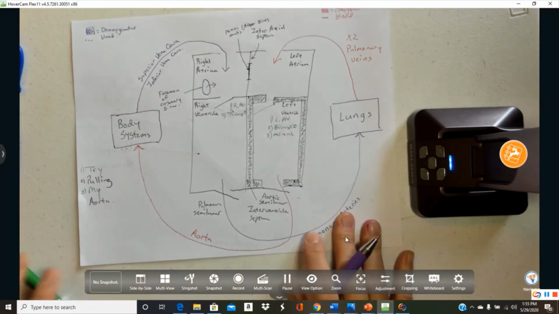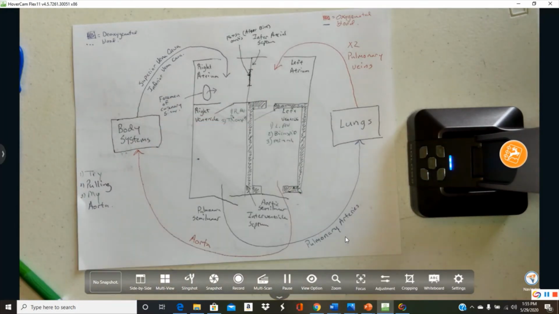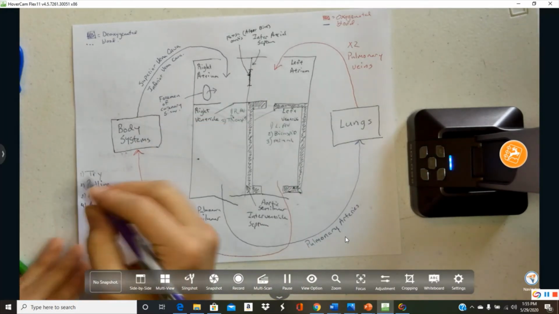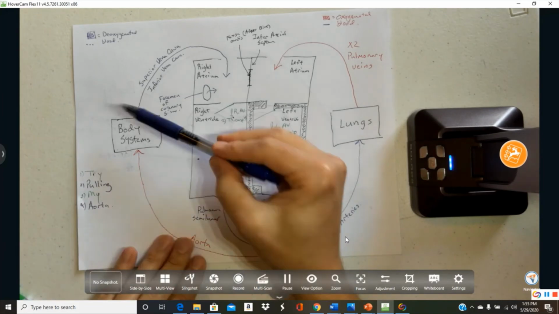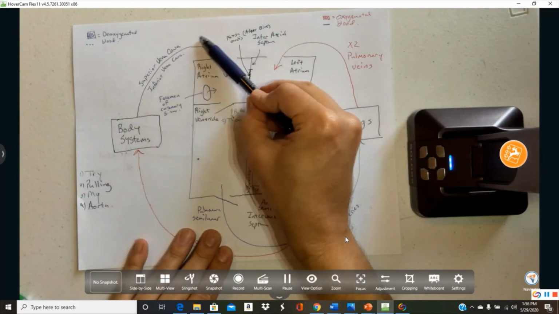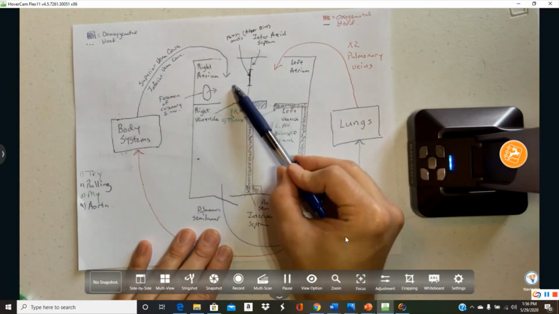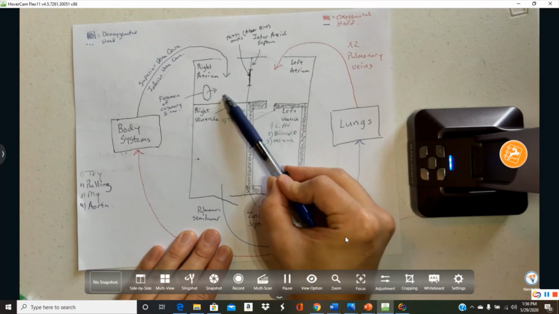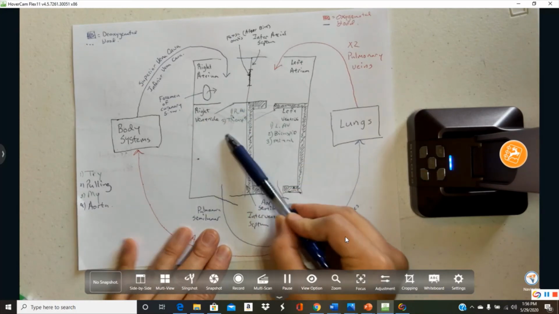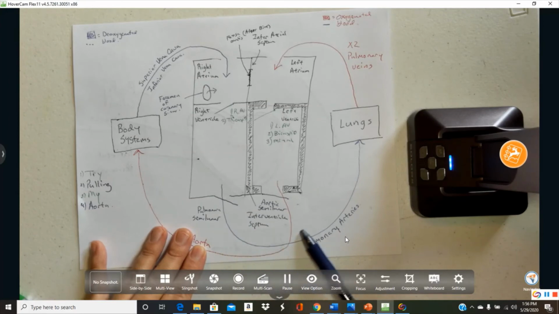semilunar valve. Okay. So when blood comes from the body systems, you're going to start at the body systems. We come in through the superior and inferior vena cava, arriving to the right atrium, where that deoxygenated blood passes through the tricuspid valve to the right ventricle. The right ventricle pumps blood out the pulmonary semilunar valve, pulmonary arteries to lungs.